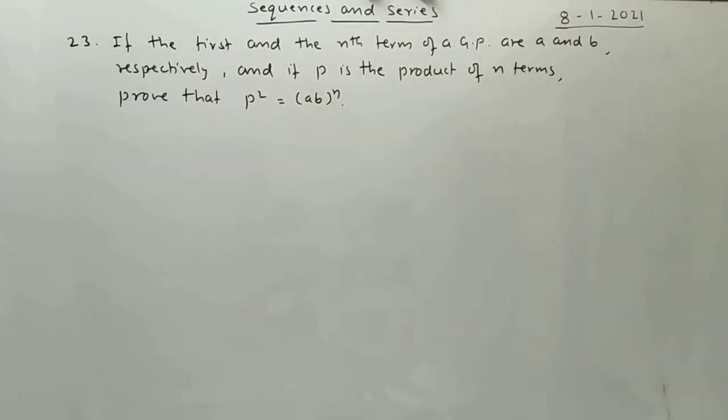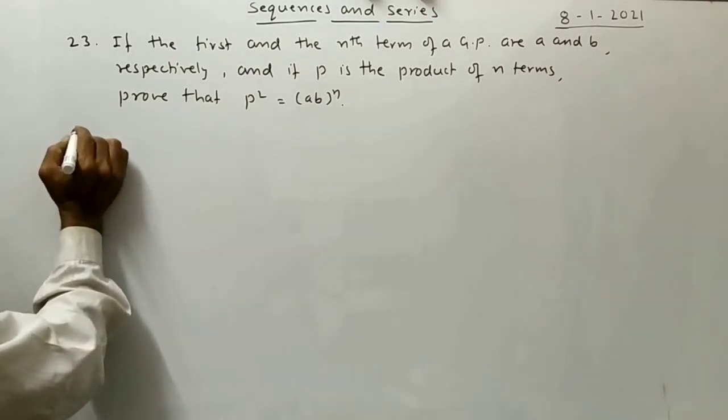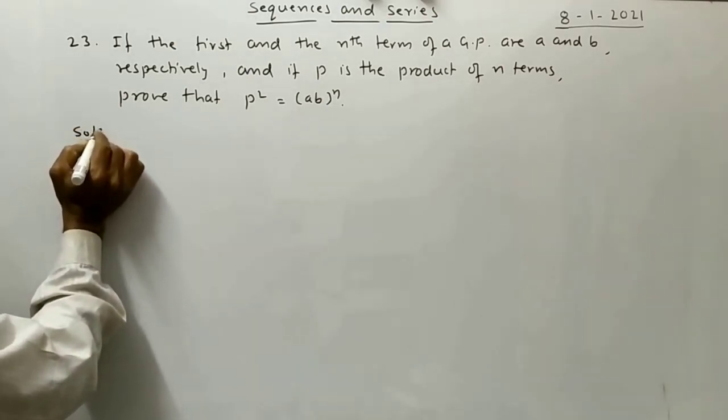Question number 23. If the first and the nth term of a GP are A and B respectively, and if P is the product of n terms, prove that P square is equal to AB whole raised to the power n. Solution.